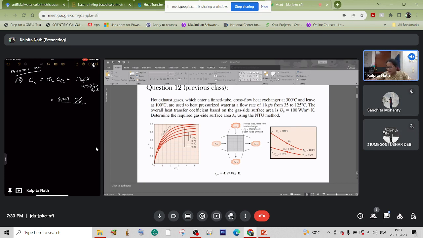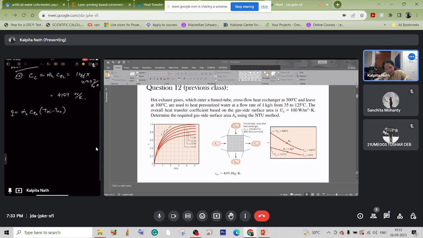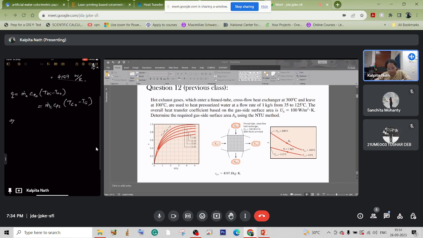For the energy balance, Q is equal to mh dot cph into (Th in minus Th out), which is equal to mc dot cpc into (Tc out minus Tc in). From here we can easily calculate Cph.